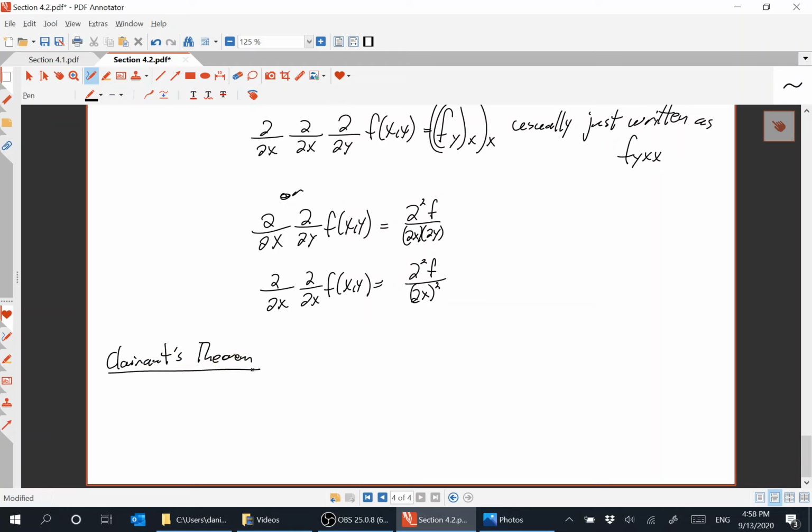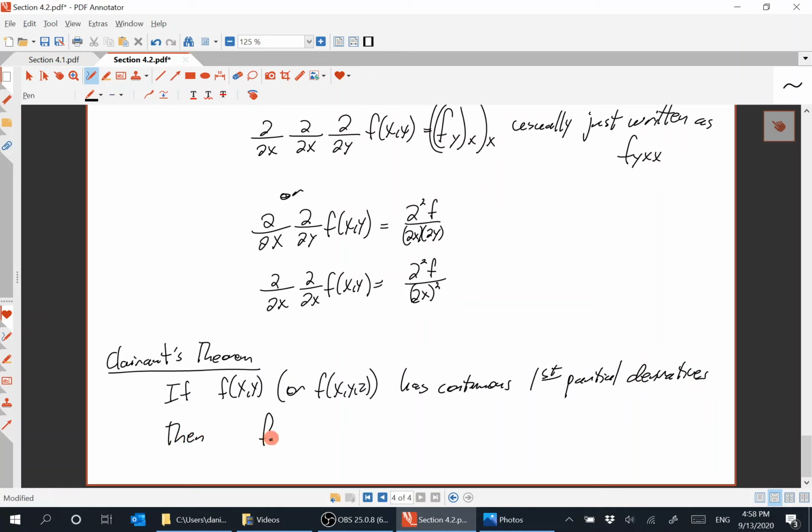And Clairaut's theorem essentially goes like this. If a two-variable function f of x, y, or three-variable function f of x, y, z, has continuous first partial derivatives, then the partial of f with respect to x and then with respect to y is equal to the partial derivative of f with respect to y and then with respect to x.